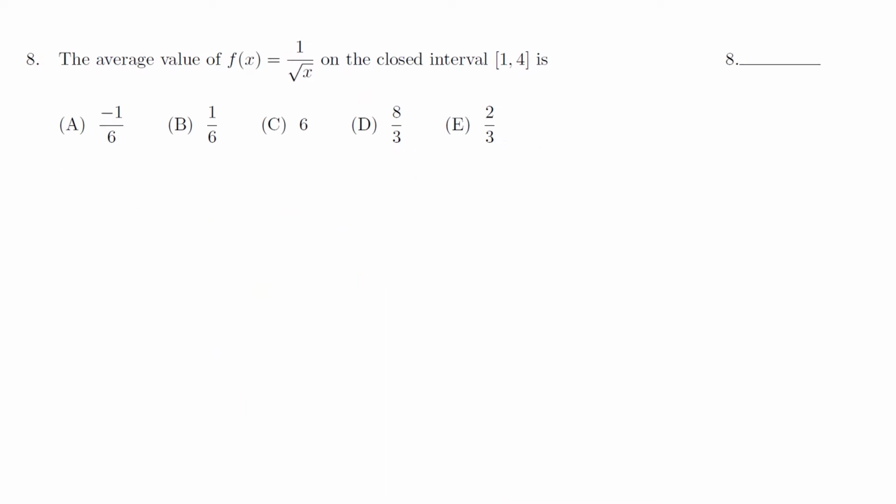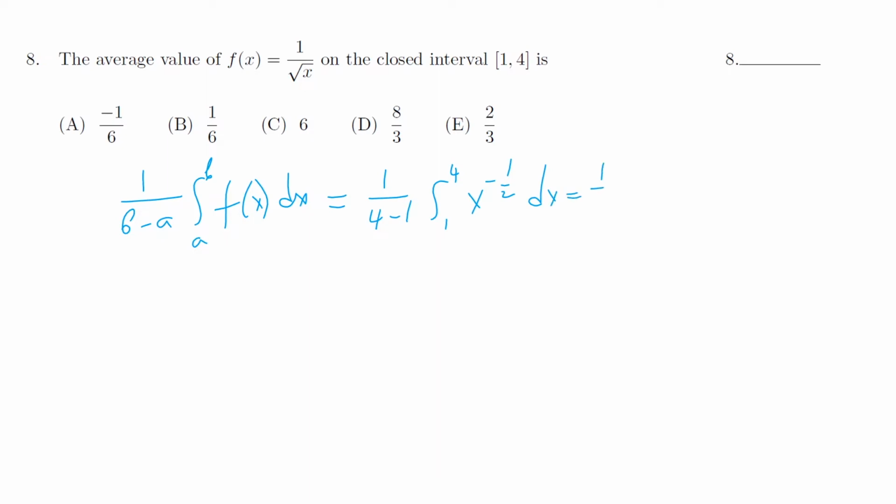Next. The average value of f of x is equal to 1 over root x on the closed interval 1 and 4. The formula is 1 over b minus a times the integral from a to b of f of x dx. So I just do 1 over 4 minus 1 times the integral from 1 to 4. I rewrite this immediately, and my goal is just to find it really fast.